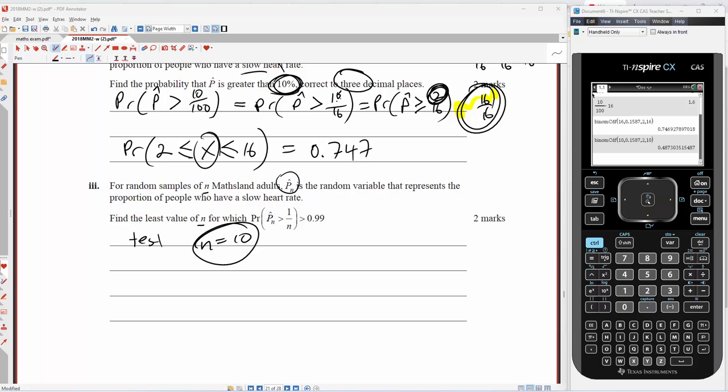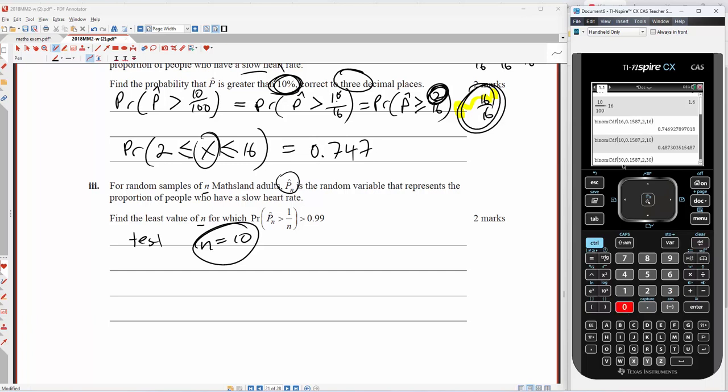So what do we do? Well, we need to survey more people. So this n value needs to go larger. All I'll do is jump back on the calculator and test it. So I'll go up to 30.